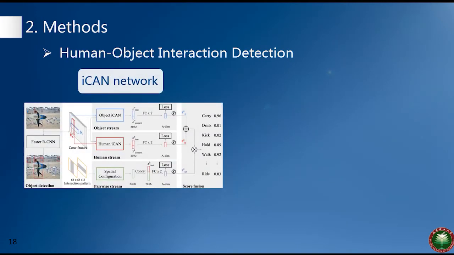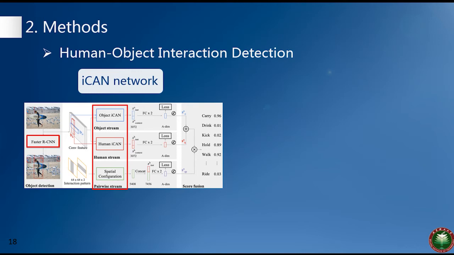The ICANN network first detects human and object through the first RCNN algorithm and obtains multiple bounding boxes and probabilities. After that, the three-way branch network is used to extract features. Human and object output bounding box, probability score SH and SO.